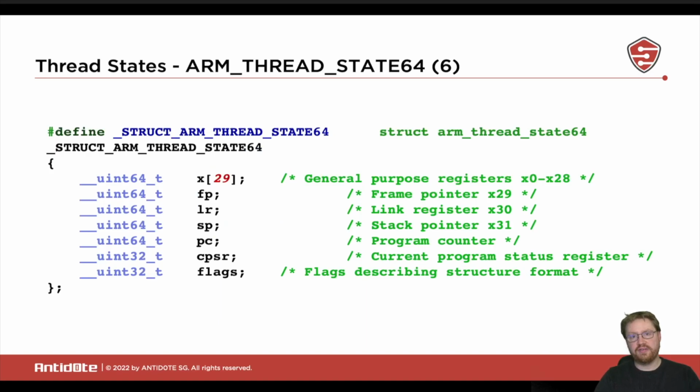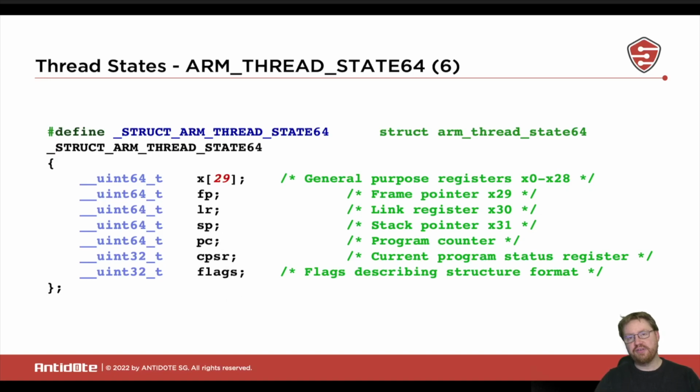So now what about the thread states? Basically, the thread states depend on what CPU you are on, so if you're on ARM or on x86-64. On ARM, the ARM thread state 64 is basically defined like this. You have all the X registers, then you have the frame pointer, the link register, the stack pointer, the program counter, the CPSR, and you have the flags.